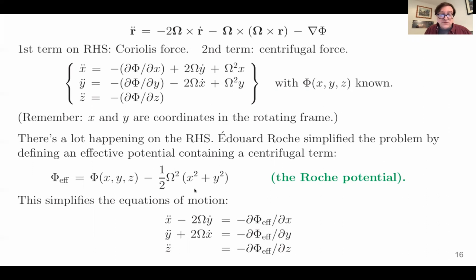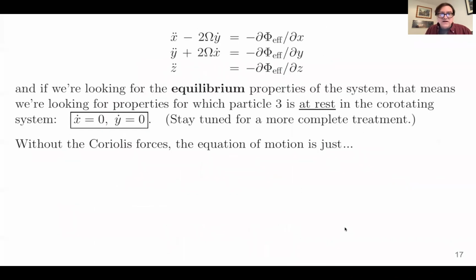Then when you take the gradient of that, you get exactly these centrifugal terms, and there's no z component, so we have simplified the equations of motion even more to get rid of those centrifugal terms.